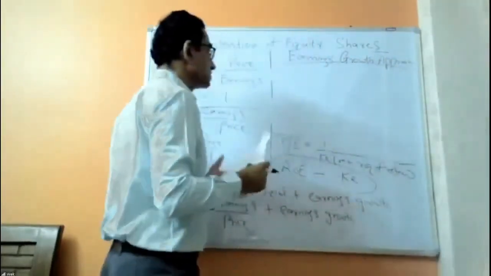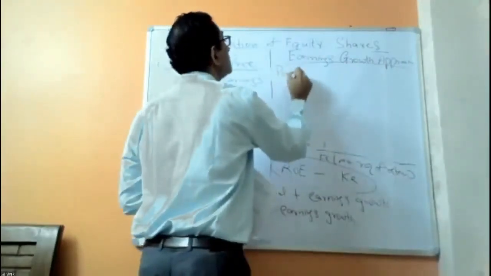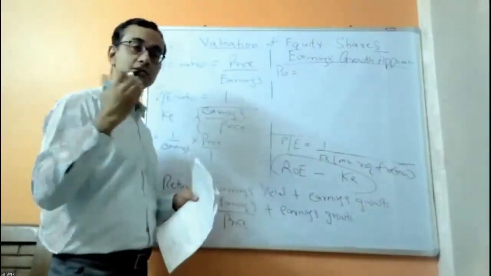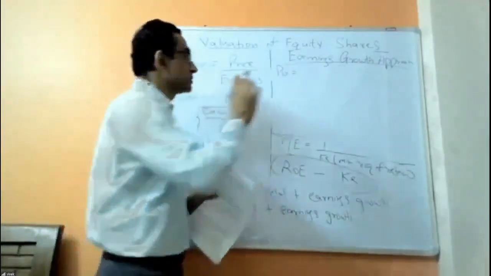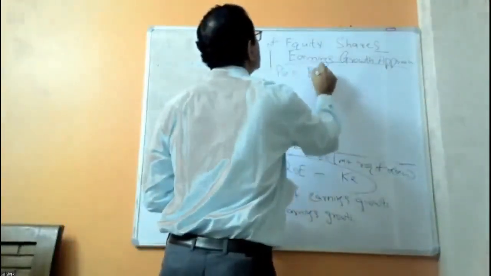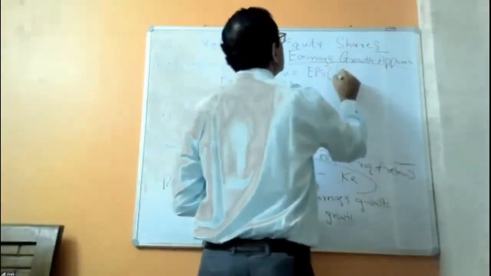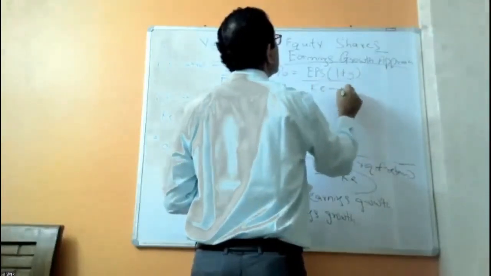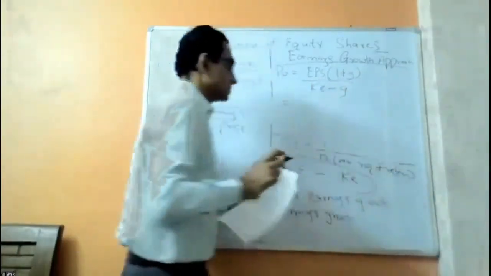In this case, P0 will be EPS, because in earning based approach it is assumed that the present value of future EPS is taken. So it will be EPS into 1 plus G upon K minus G.